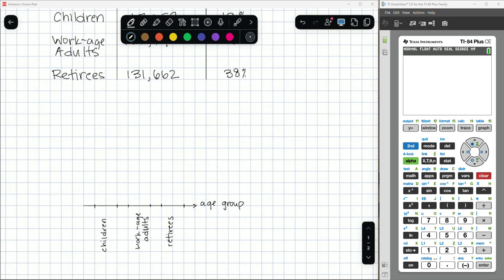I have to start at 0. I think I'll count by 5s. So 5, 10, 15, 20, 25, 30, 35, 40, 45, and then 1 extra to give me counting room.